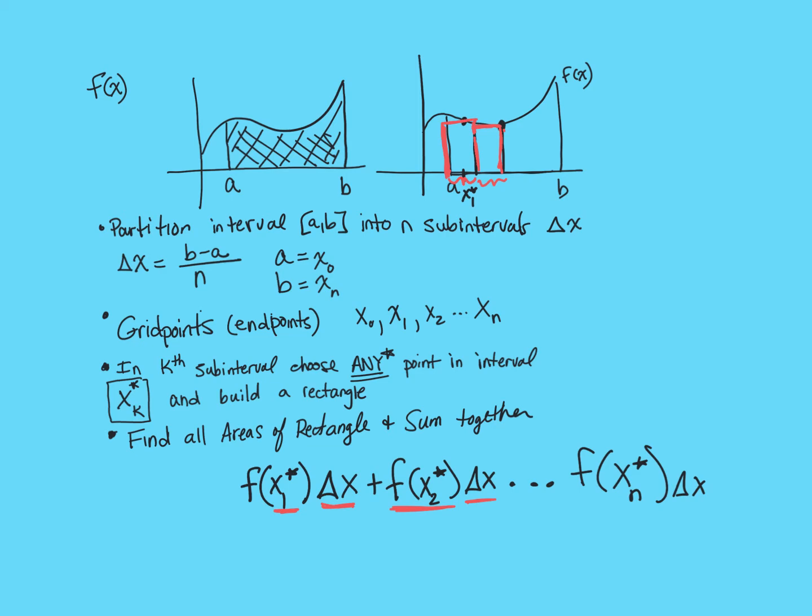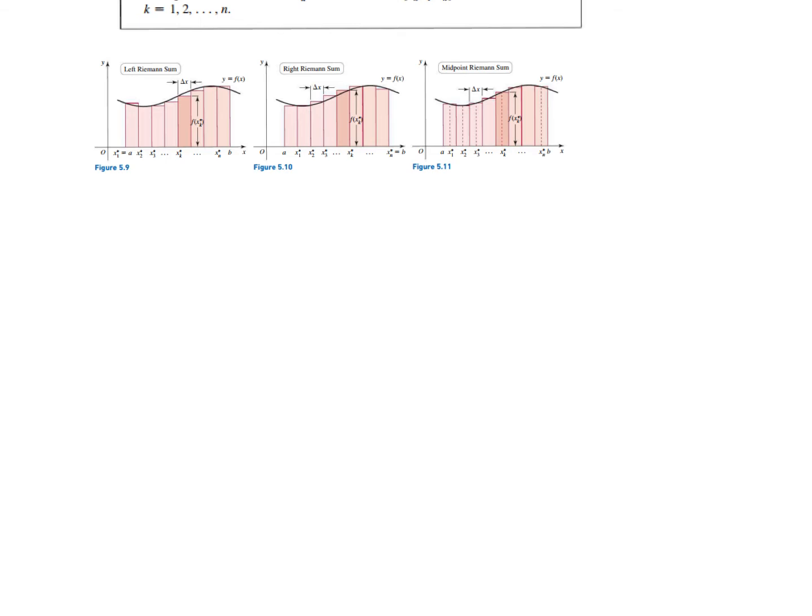So let's take a look at a couple of notable Riemann sums, and let's just look at the definition of a Riemann sum. Suppose we have a function defined on a closed interval from a to b. We divide it into n subintervals of equal length, and the length of each subinterval is delta x.